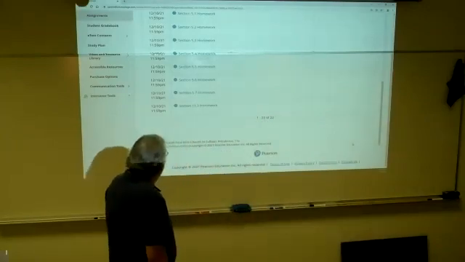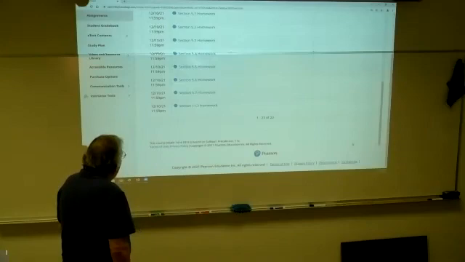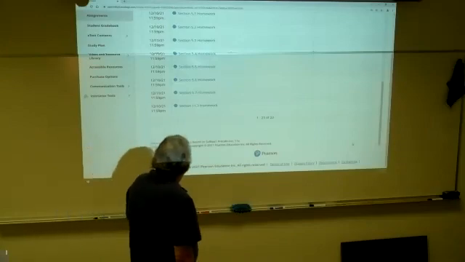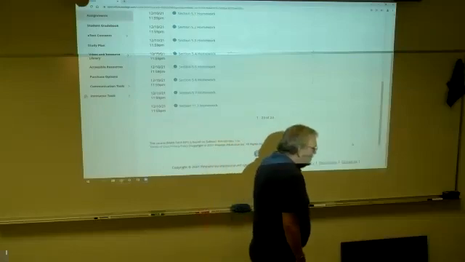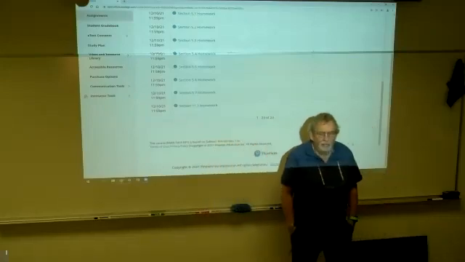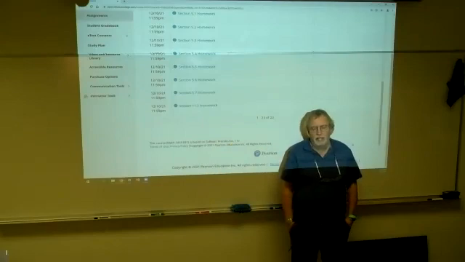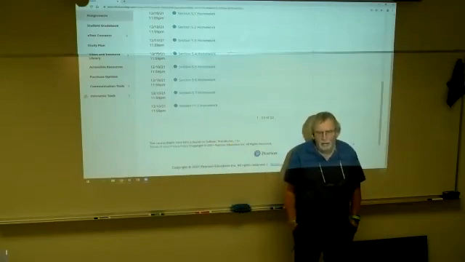Sections 5.6 and 5.7 deal with logarithmic and exponential functions, how they interrelate, the properties of logarithms, and solving logarithmic and exponential equations.